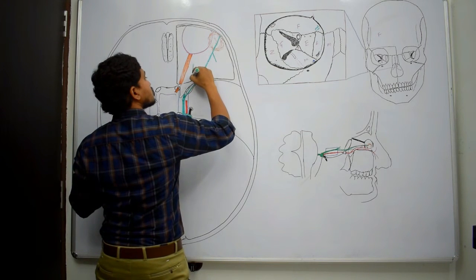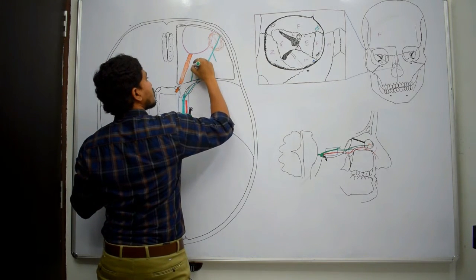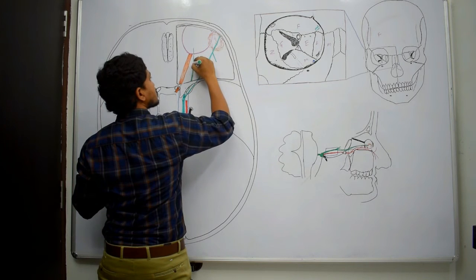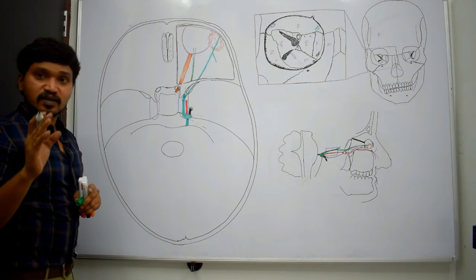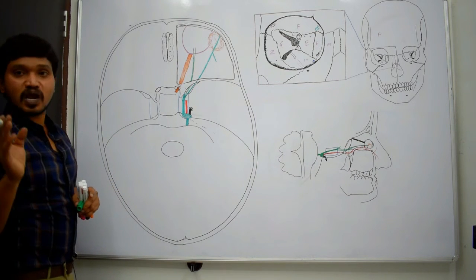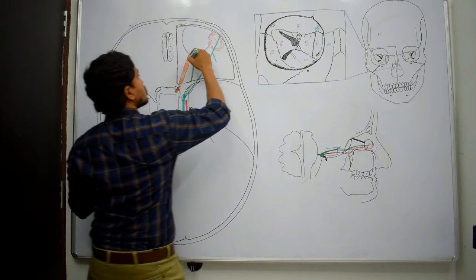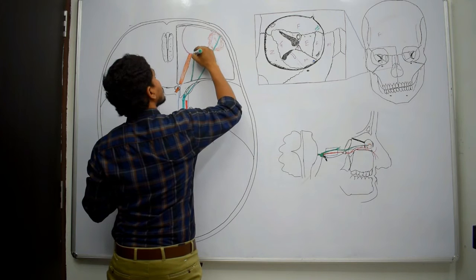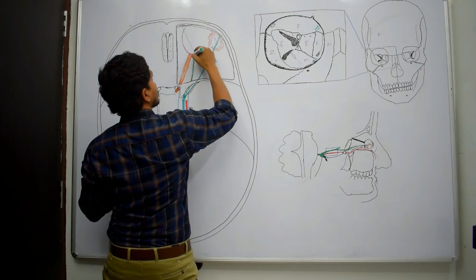So this is the frontal nerve. At the middle of the orbit, the frontal nerve divides into two branches. What are those branches? Supraorbital and supratrochlear. So this is the supraorbital nerve and this is the supratrochlear.